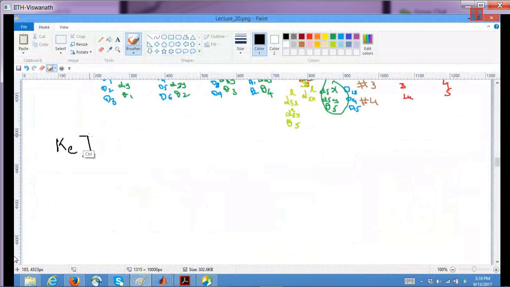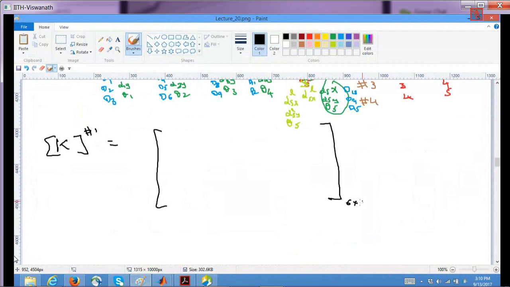K of this combined element has entries of 6 cross 6. Why 6 cross 6? Because you have degrees of freedom D1, D2, D3, D4, D5, D6, similarly D1, D2, D3, D4, D5, D6.